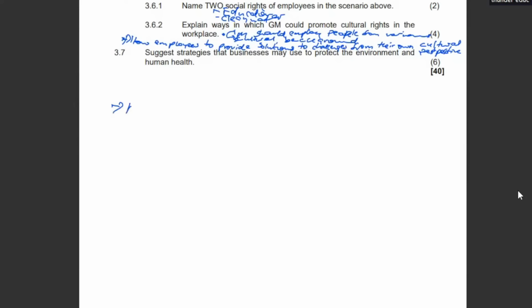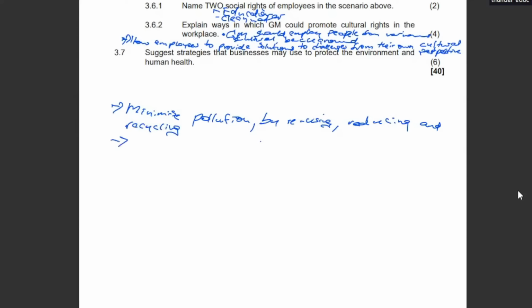We are saying that there should be minimized pollution by reusing and recycling. Okay, right.